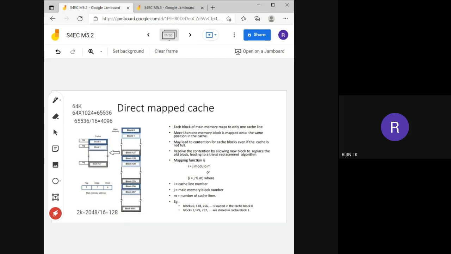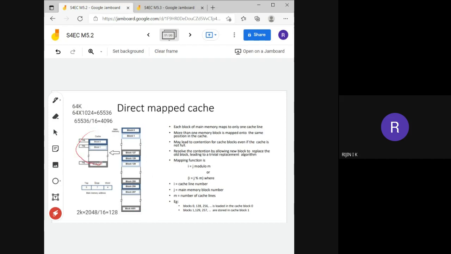The initial status you have already understood. We divide the main memory into a number of blocks, and each block has a size of 16 words. In this example, the total memory size is 64K, so we get 4096 blocks in the main memory.